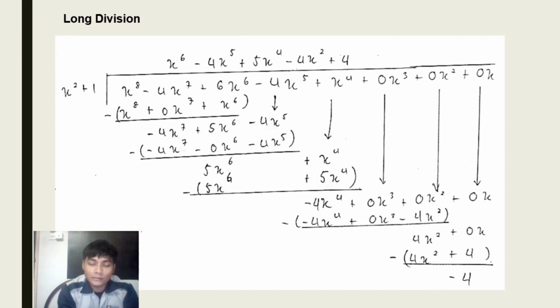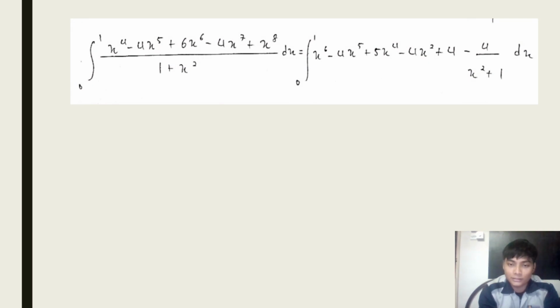So next we get a new equation, which is x power 6 minus 4x power 5 plus 5x power 4 minus 4x squared plus 4 minus 4 over x squared plus 1.